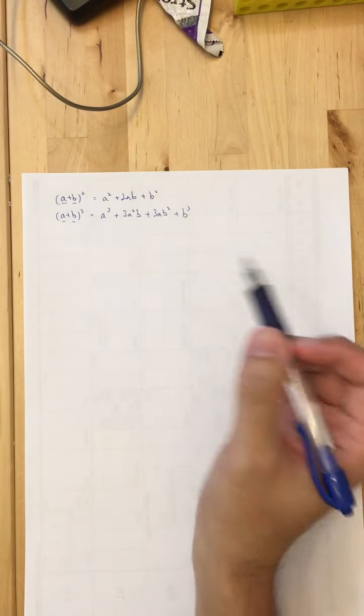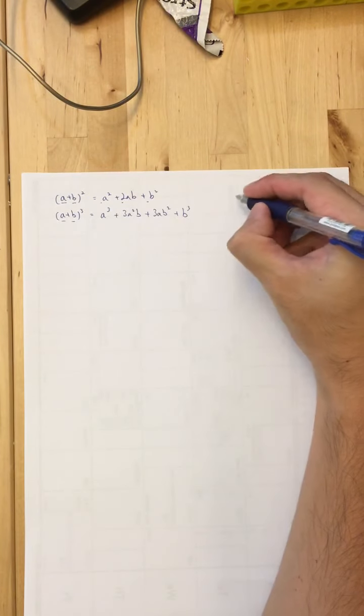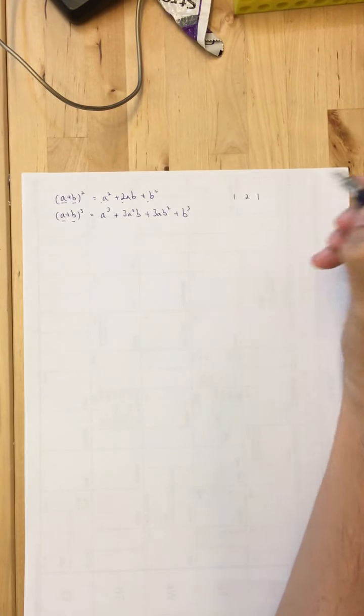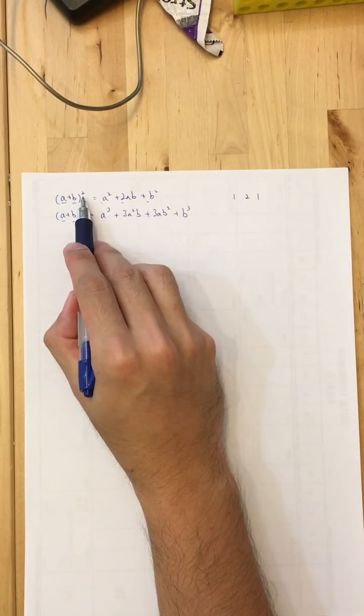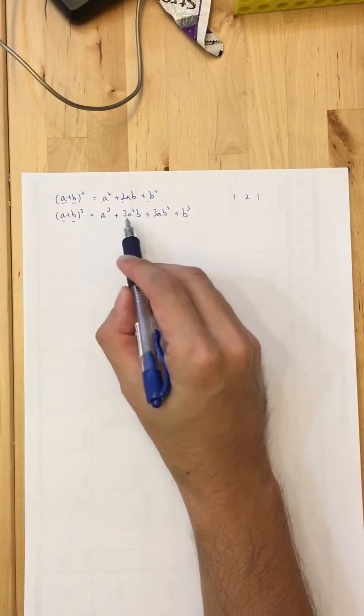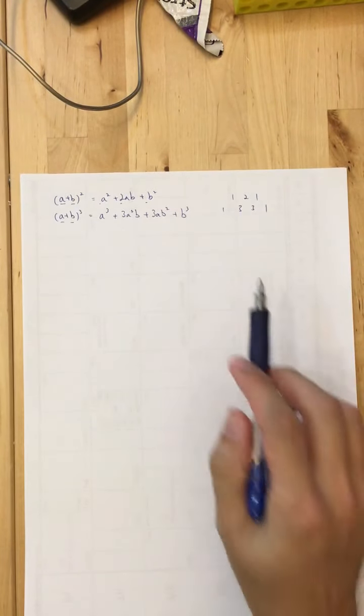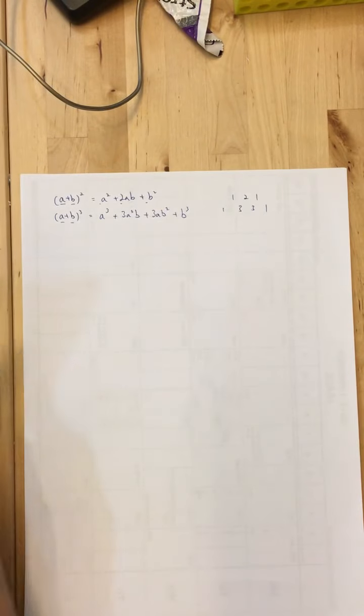So you look at the coefficients. This is 1, 2, 1 for an expansion up to square. When you have an expansion up to cube, you have 1, 3, 3, 1. And so on and so forth, as you can see from your textbook on page 161.